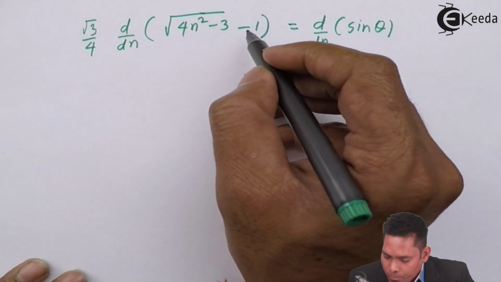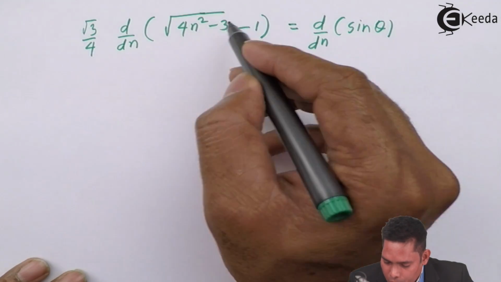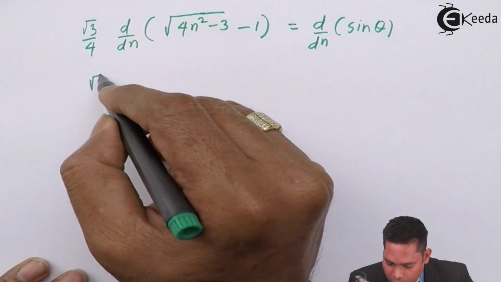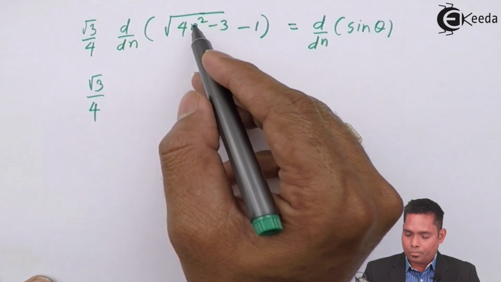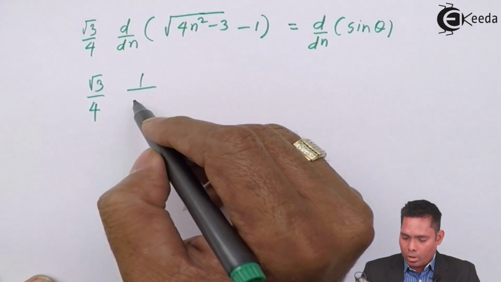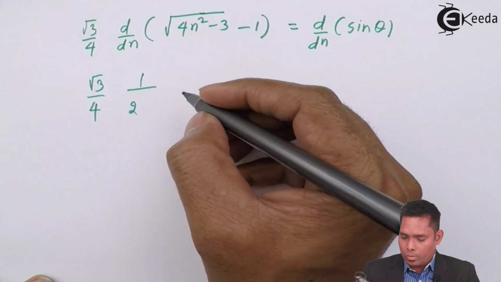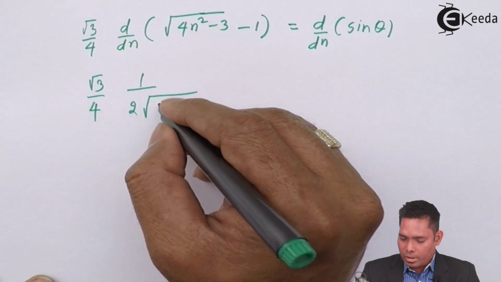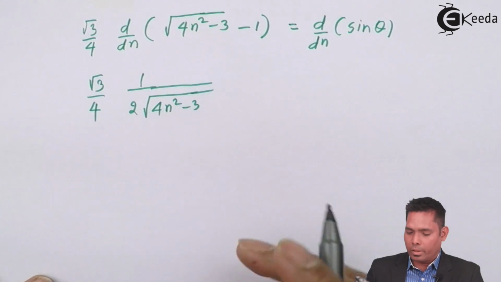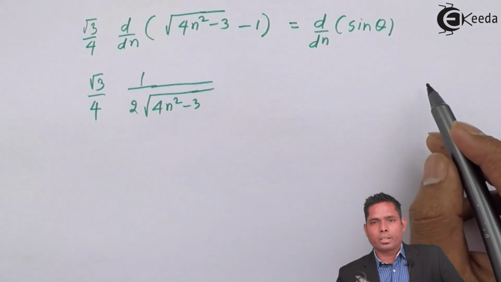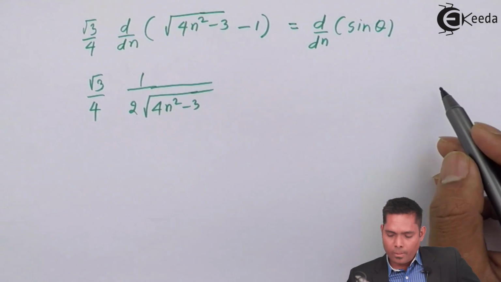Now we'll proceed further. The differentiation of this will be 0, and differentiation of this I will write: root 3 over 4, and derivative of this is 1 over 2 root of this value, because the derivative of root x is 1 over 2 root x.